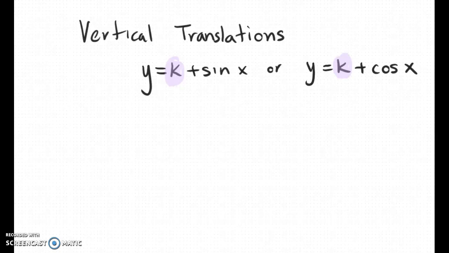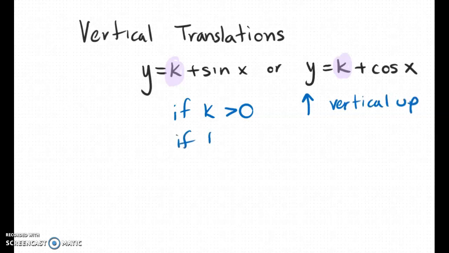So let's make this statement. If k is greater than 0, meaning k is positive, then it will shift the sine or cosine wave up. So it'll be a vertical shift up. And if k is negative, then it will be a vertical shift down.